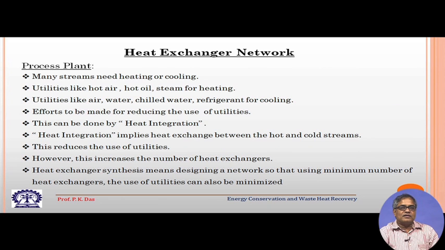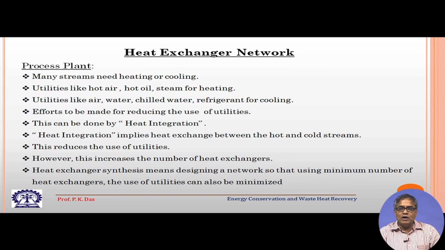So, let me first introduce what a heat exchanger network is. There are process plants, chemical plants, petrochemical refineries, where there are many streams of fluids. Some may be liquid, some may be gas, some may be changing their phase, and each stream needs either heating or cooling.